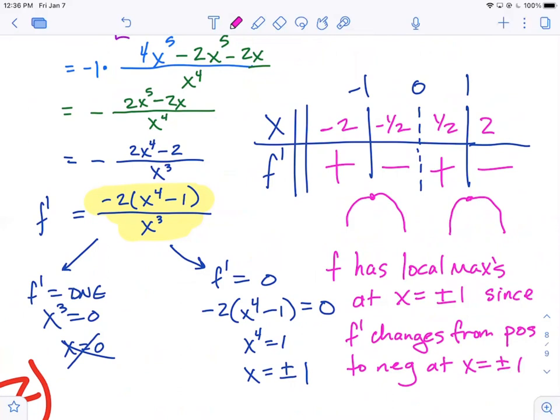And F is decreasing from parentheses -1 to 0, parentheses, union 1 to infinity, parentheses, since F prime is negative, or less than 0, on these intervals, right? So the number line chart for F prime gives you the ability to organize information that helps you answer all those questions so much more effortlessly and successfully.